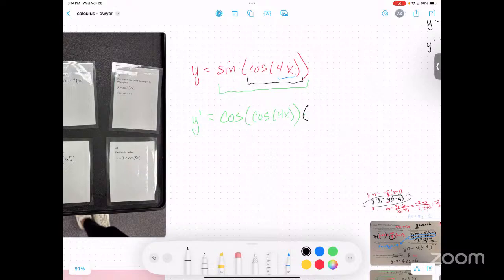Negative sine. Negative sine of, and then you leave the innermost function of that one unchanged. Got it? And then you multiply that by the derivative of the innermost function, the blue one, which is 4x. And what's the derivative of 4x? 4.